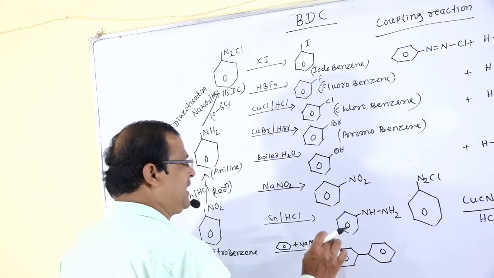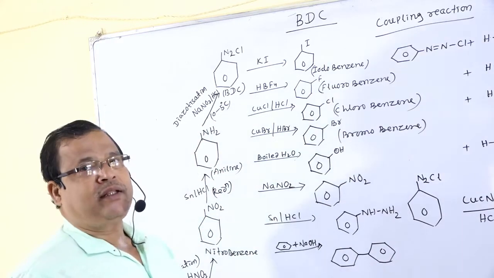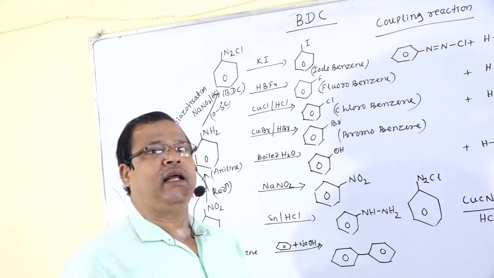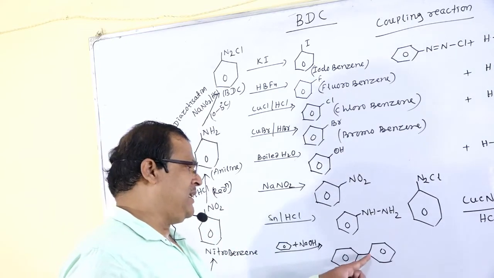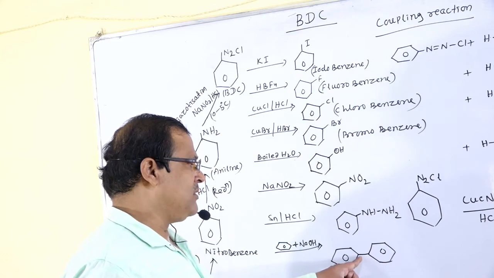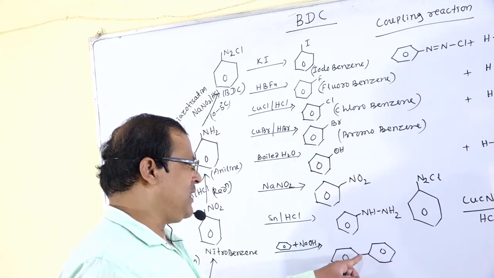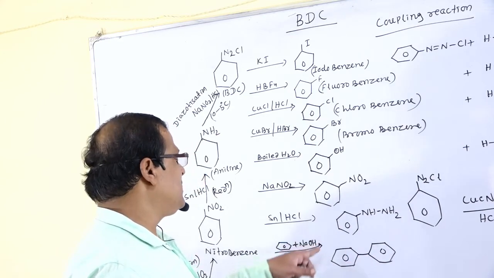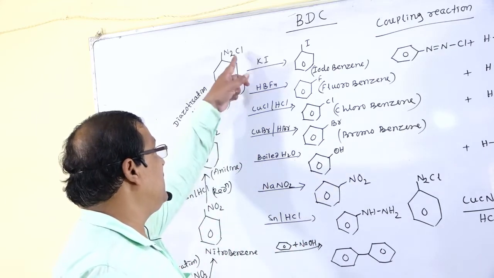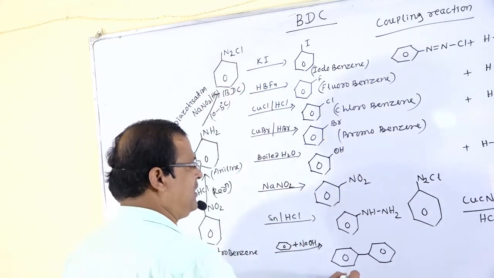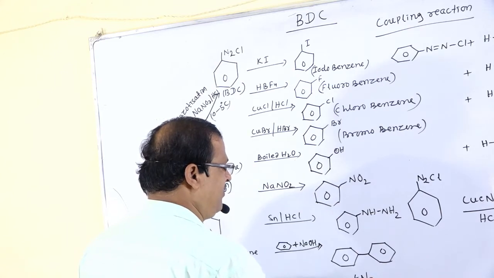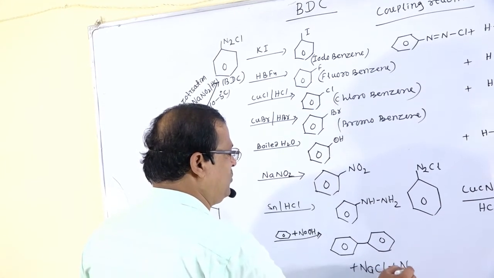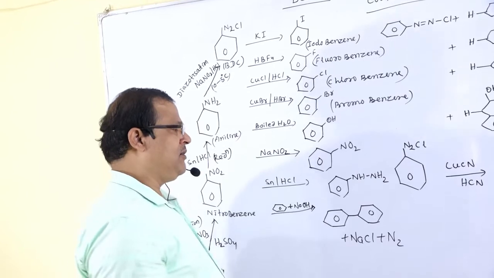If the question is there, give 3 methods for the preparation of biphenyl. 2 benzene rings joined through a single bond, plus there is the formation of NaCl and N2. Side product is NaCl and nitrogen gas that gets evolved.